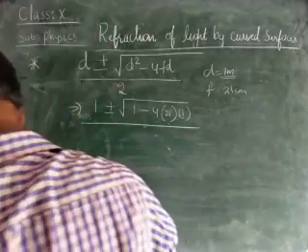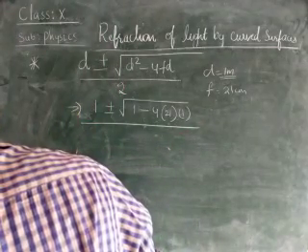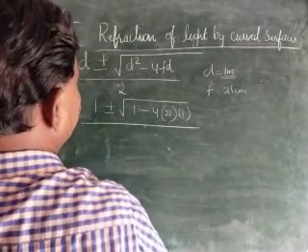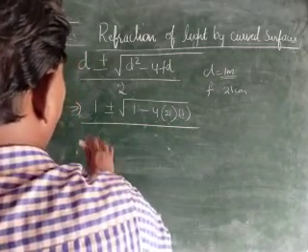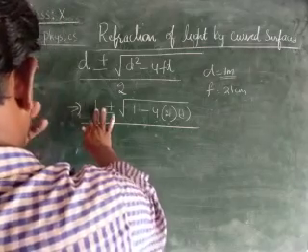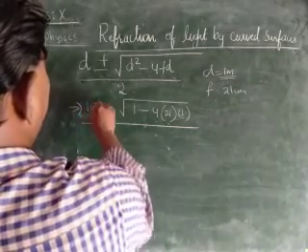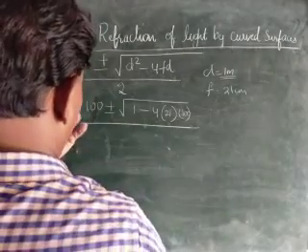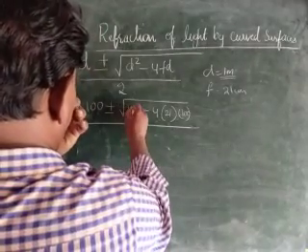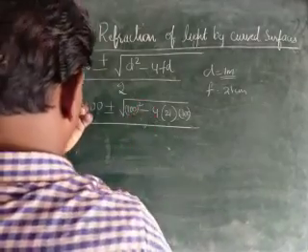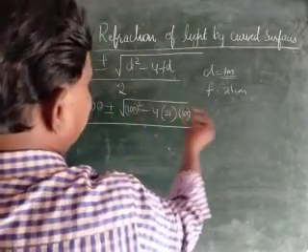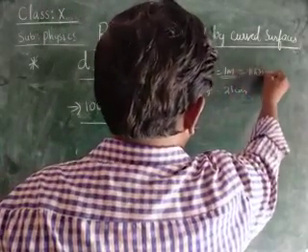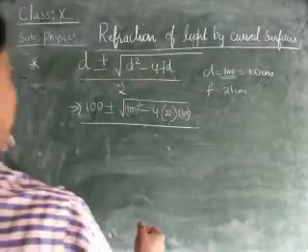Okay, children. Here f is given as 21 centimeter, whereas d is given as 1 meter. 1 meter means 100 centimeters. d is 100, d square is 100 square, because 1 meter we should convert into centimeter.